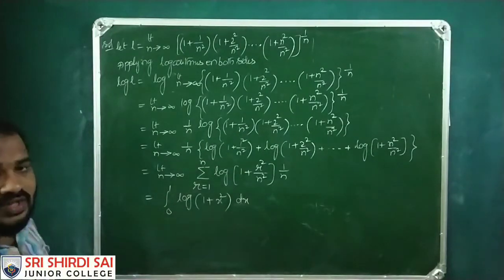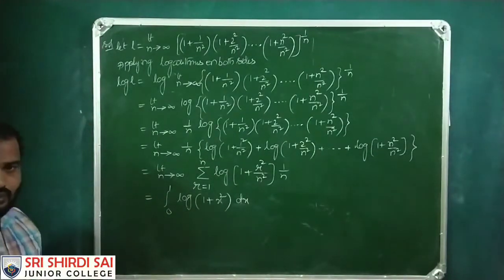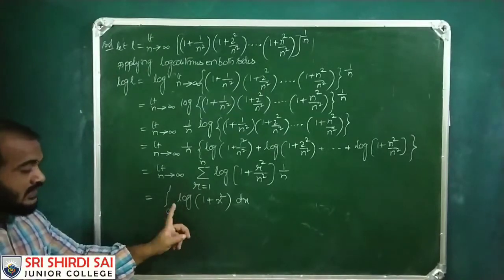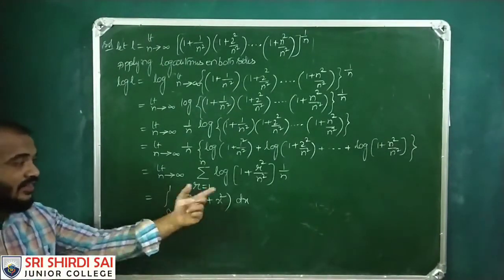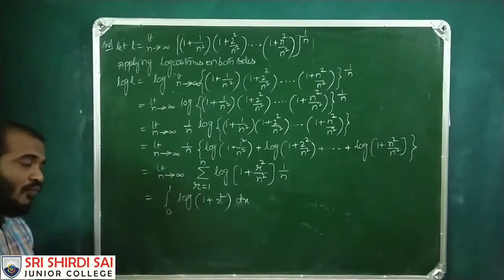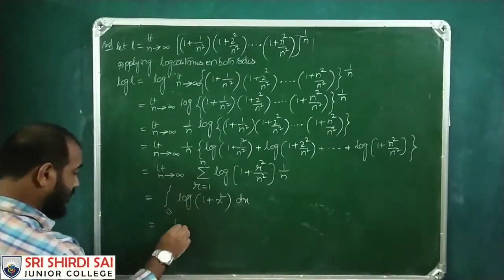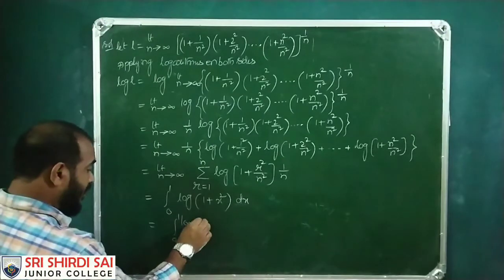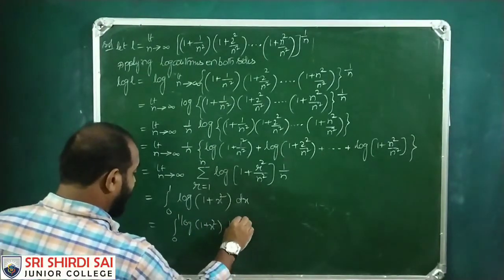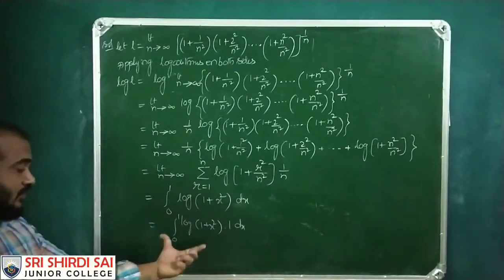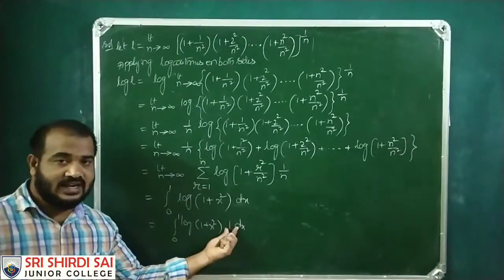This is not a normal integral to do, so it is a special function. Another function is to be treated as 1. So the integral from 0 to 1 of log(1 + x²) into unity. This is the first function and this is the second function.